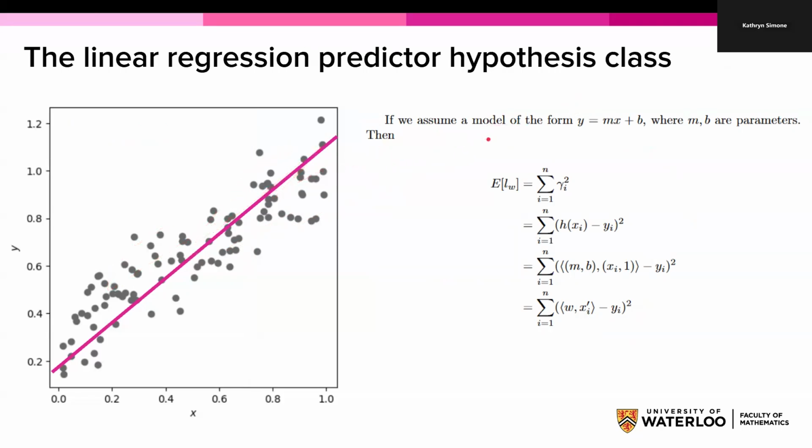The dot product between the padded feature vector and the parameter vector is known as the linear regression predictor in the machine learning literature. And the sum of square differences from that and the true output is our expected loss.